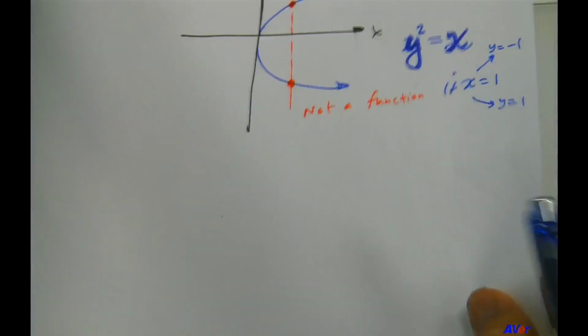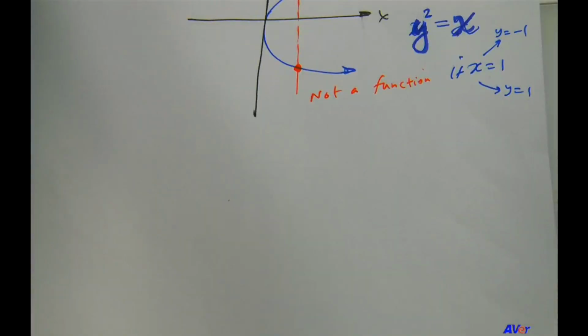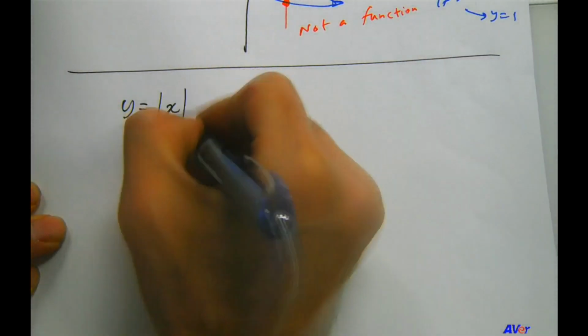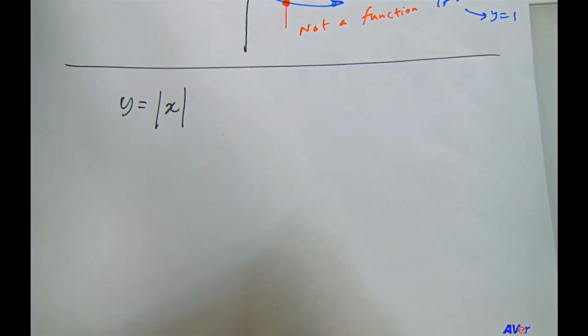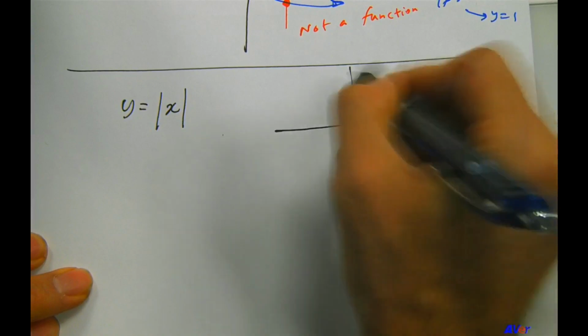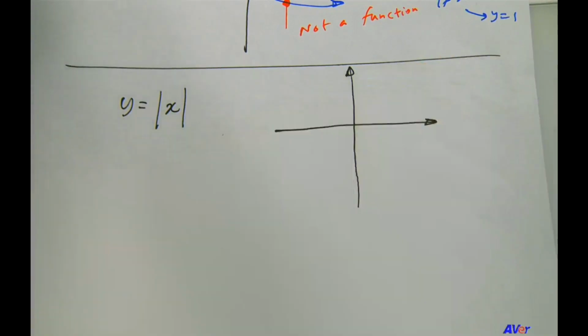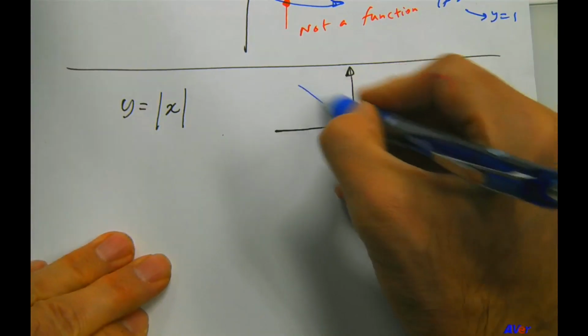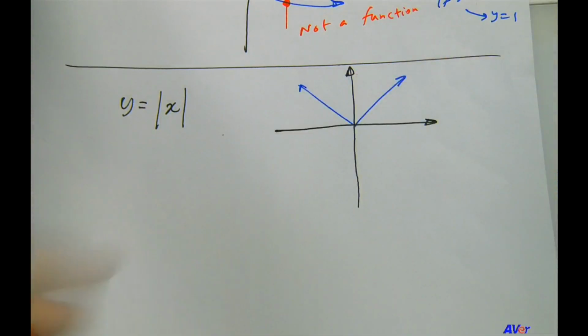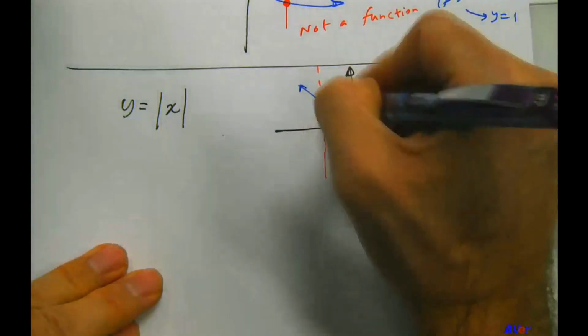Other interesting cases exist with respect to the absolute value function. So the absolute value function, y equals absolute value of x, has this graph. Right? Has that graph. Is this a function? Absolutely. You drop a vertical line here.